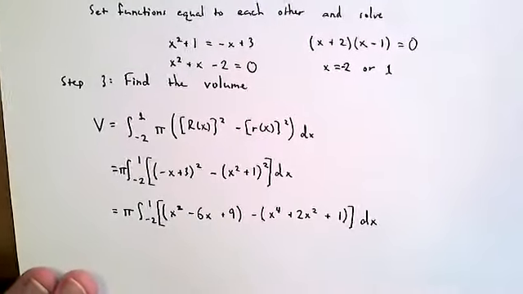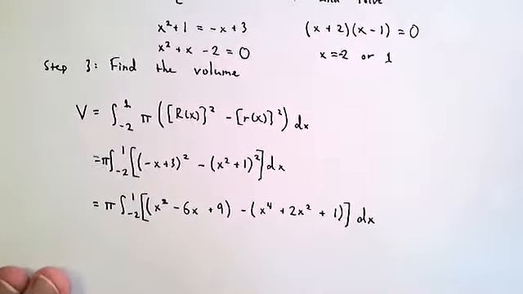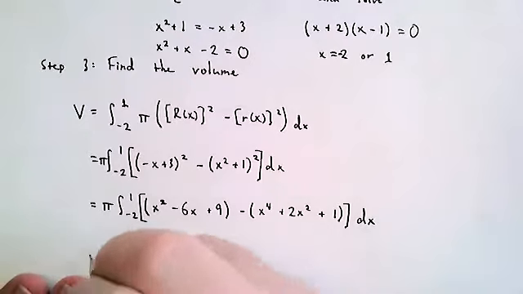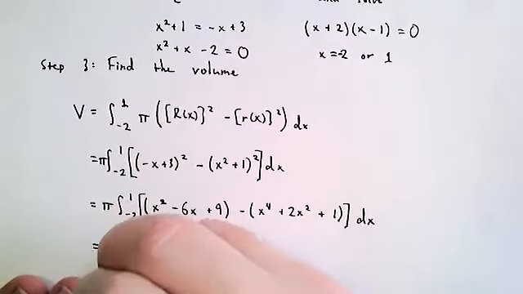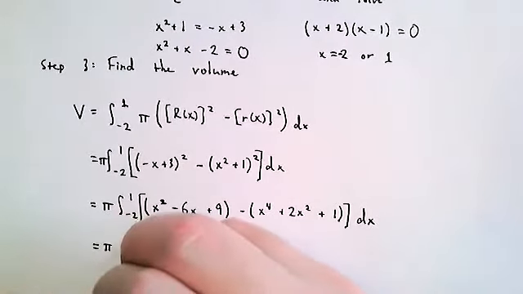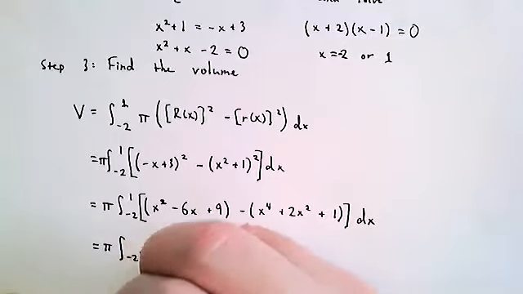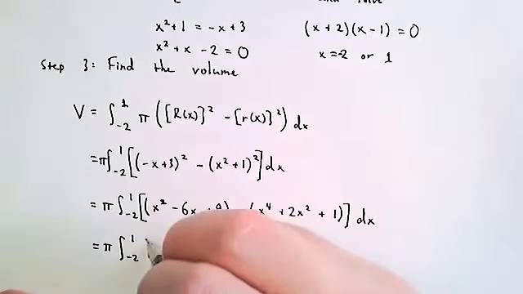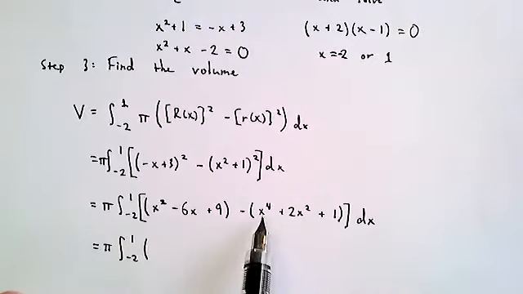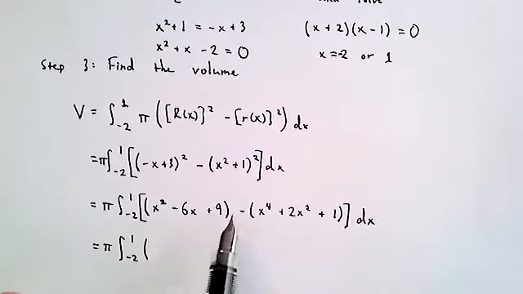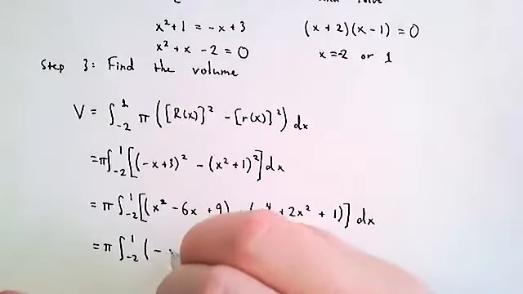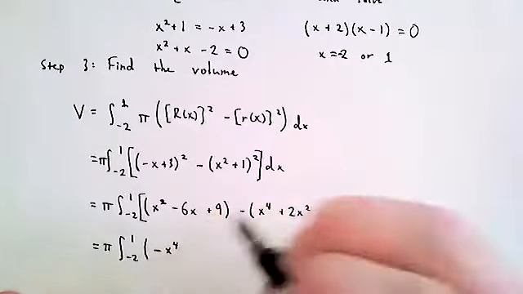And then simplify, just combine like terms. Our biggest power of x is here. It doesn't have any like terms, so we just have minus x to the 4th.